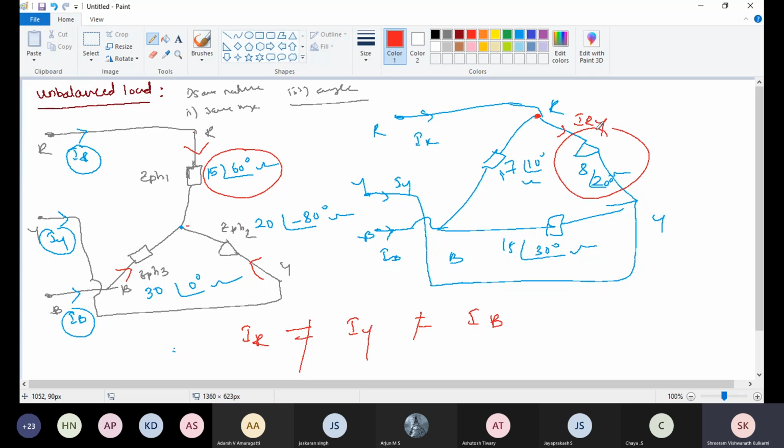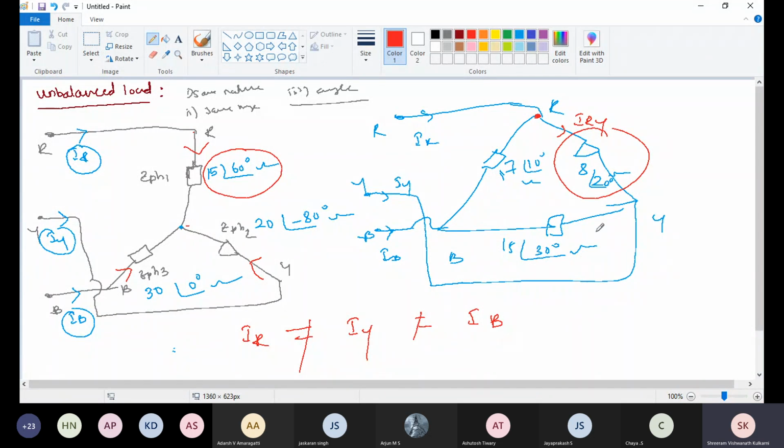Load dependent currents, so that we will get different phase currents for each phase. In that case, what we need to do? We need to calculate the power in every single phase, then we need to add them up. But in case of balanced load, we calculate the power in only one phase, then multiply that power with the number of phases we have.